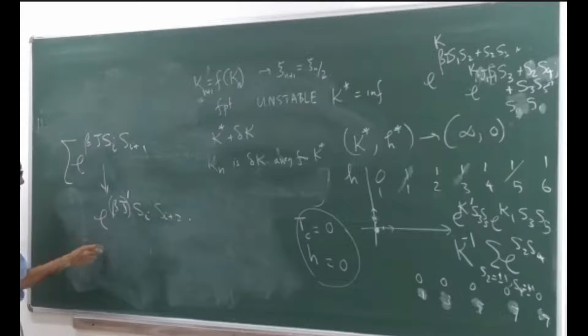So k prime is some function of k, and I call this a renormalization because essentially what you are doing is writing down another effective coupling constant after you have removed this.